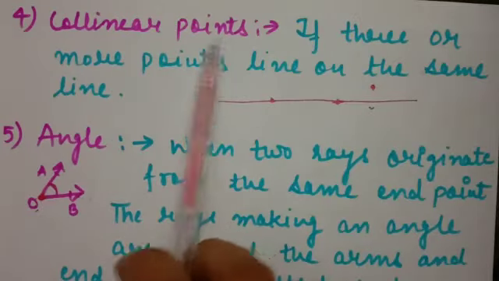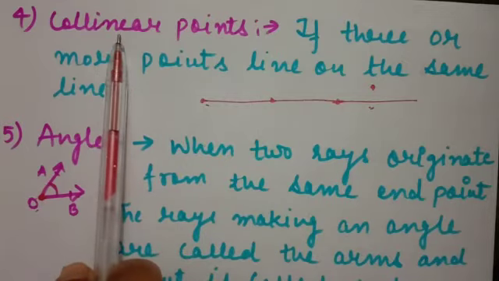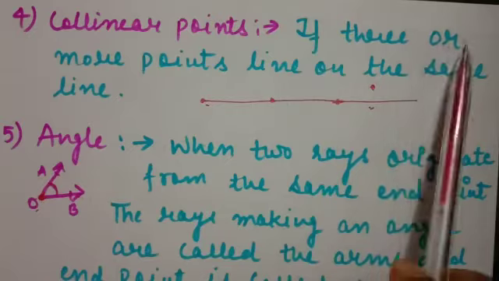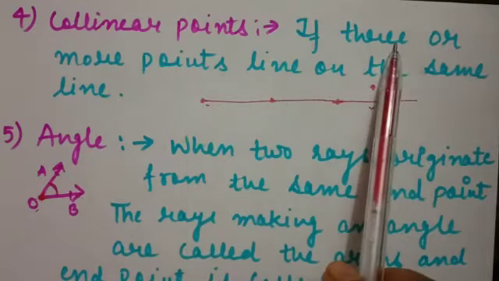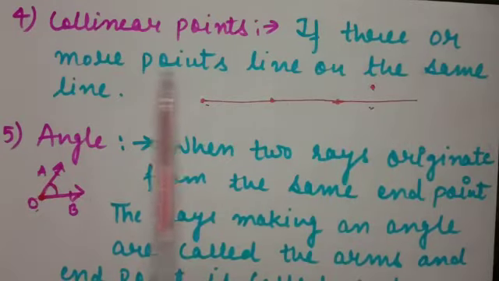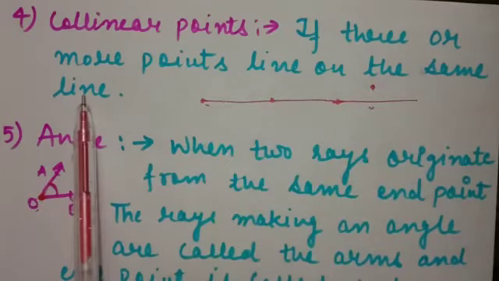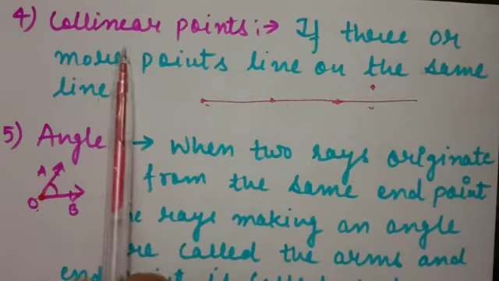Collinear points. Students always get confused with collinear points, so learn this definition today. If three or more points lie on the same straight line, then we call them collinear points.